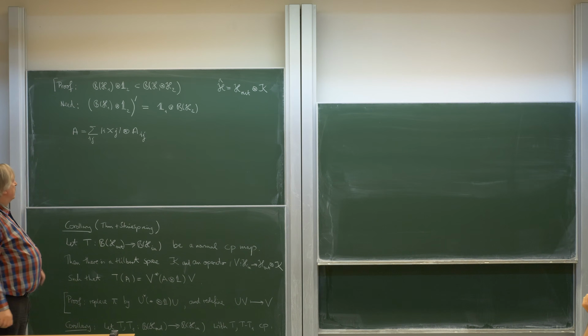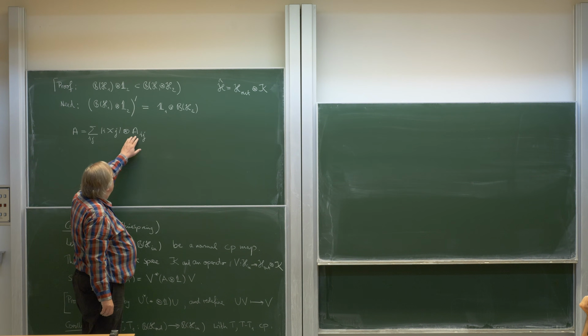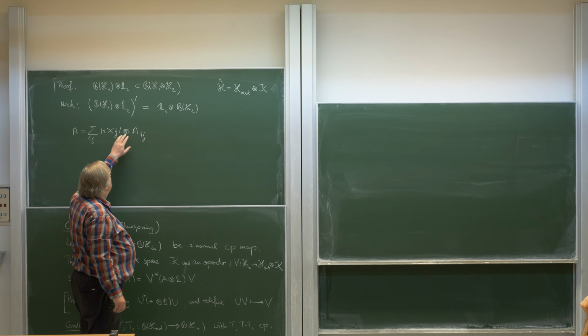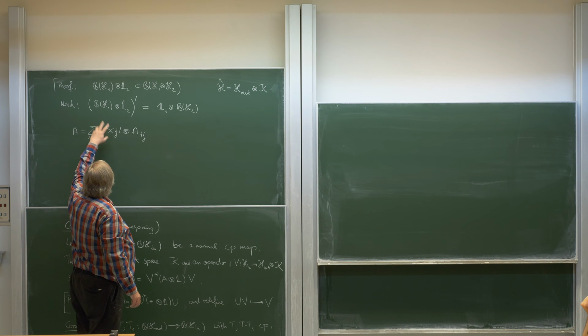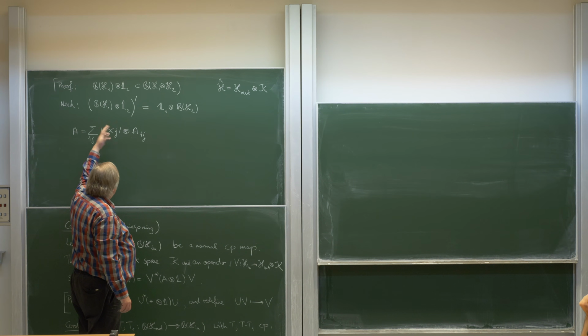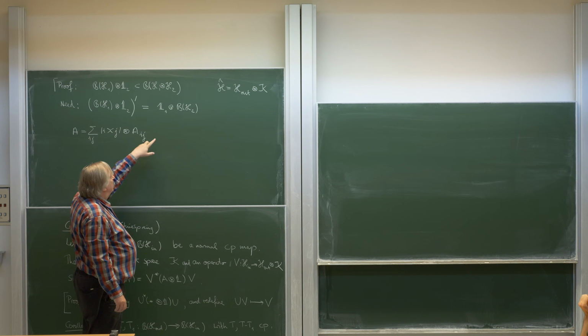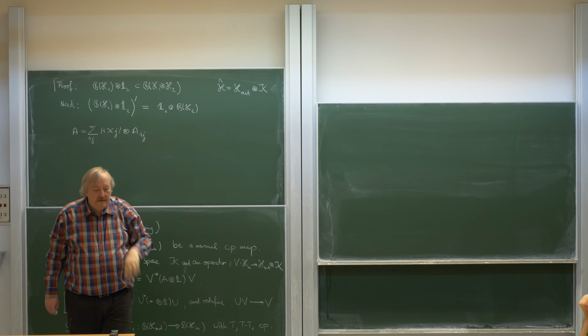So I can expand any operator on the whole system by considering it as a matrix whose indices run over the first basis labels of the first Hilbert space, and then some operators which are in H2. Right?